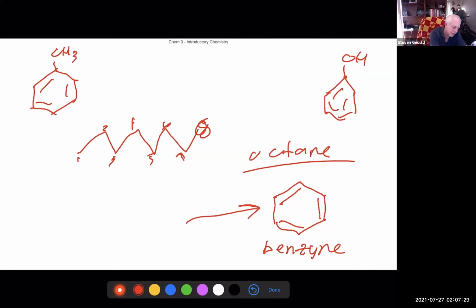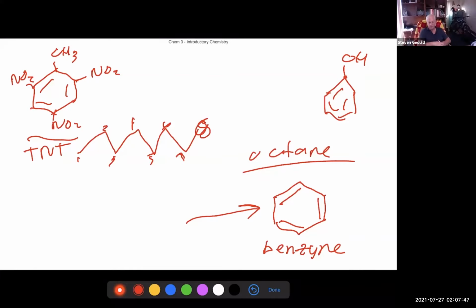If you take toluene and add 3 nitro groups, we have trinitrotoluene, TNT. That's dynamite, and it explodes very rapidly. Benzene rings are very biologically reactive, reactive to a lot of compounds, so they are very common in chemistry. You'll see those in a lot of things.